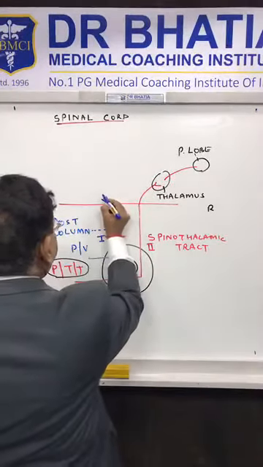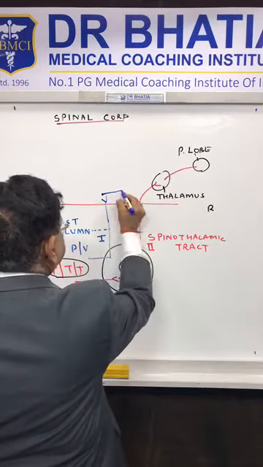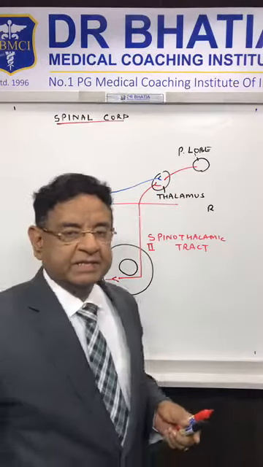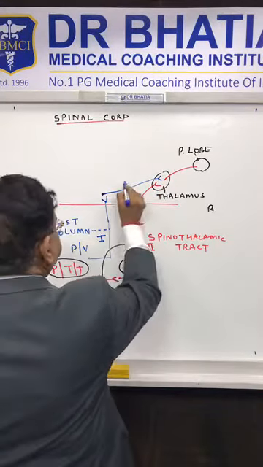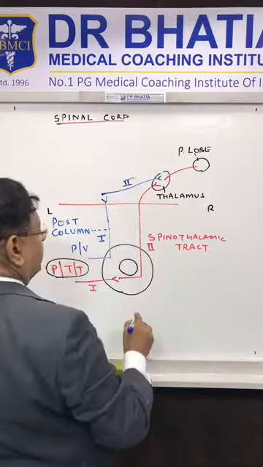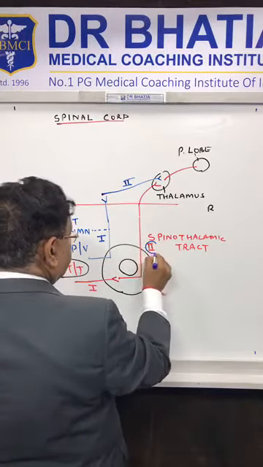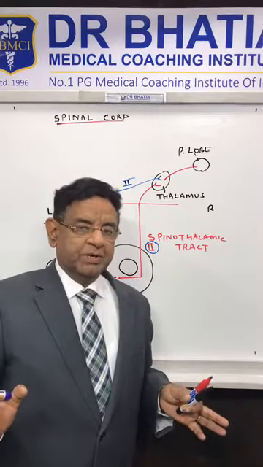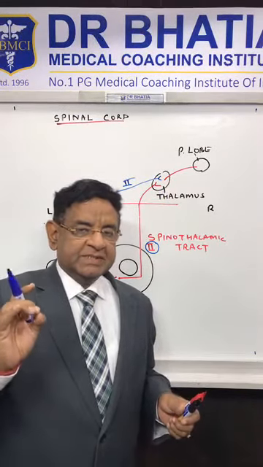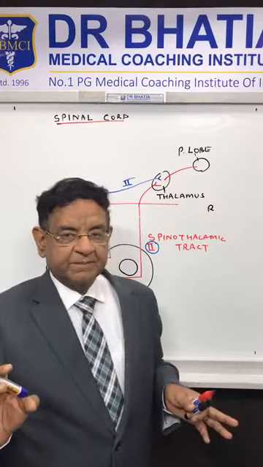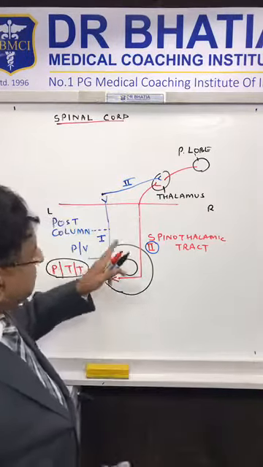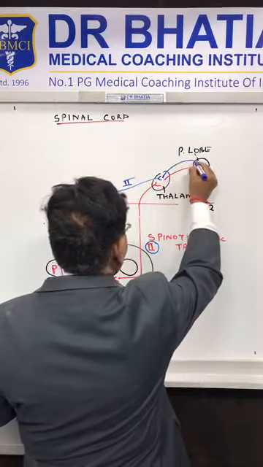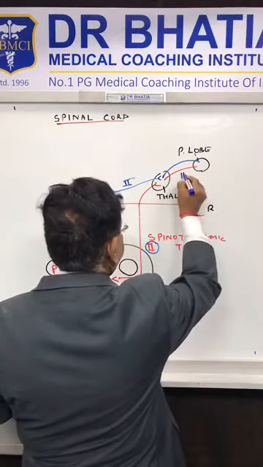Second order neuron, they cross to the other side, they relay in the thalamus. This was also a second order neuron which relayed in the thalamus. Point to be noted, the thalamus is a relay station. From the thalamus, again the third order neuron goes to the parietal lobe.